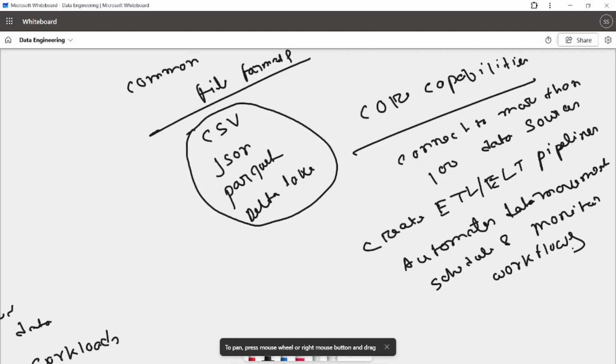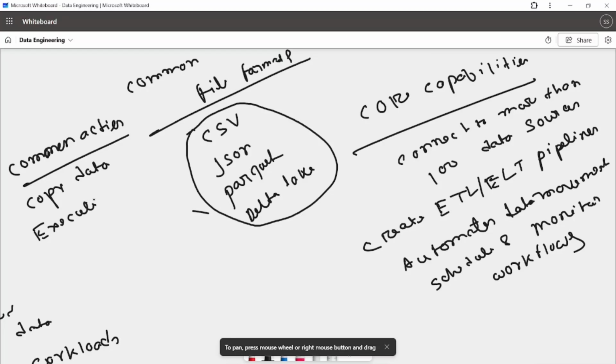Okay, and what are the common activities? This is also important. Common activities like copy data. Okay, these are the common activities. Execute notebook. Okay, so what is notebook, what is copy data, we'll see in the practical session. Okay, this is theoretical only, I'm just telling, just remember all these things. Okay, it will be helpful in the practical session.